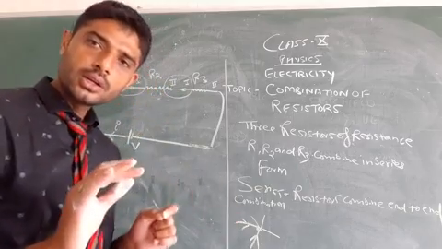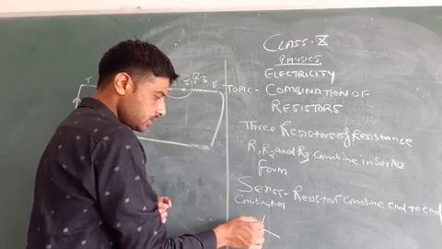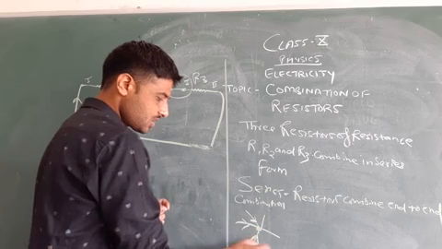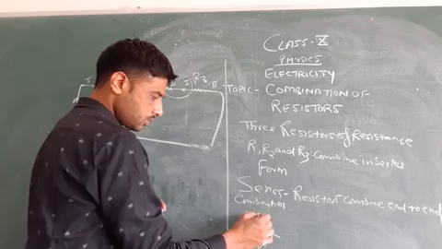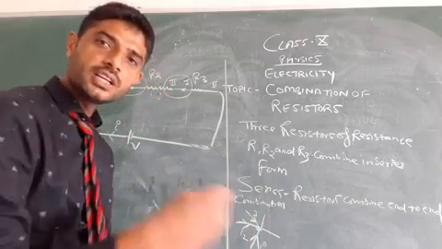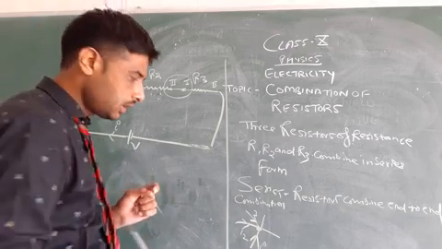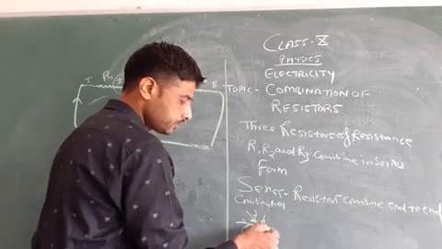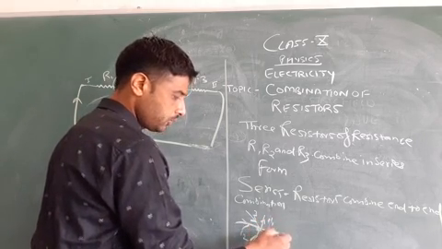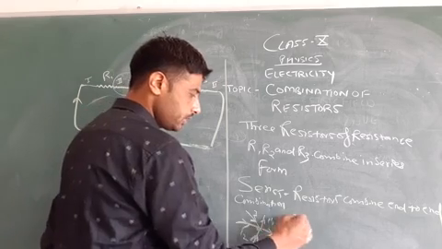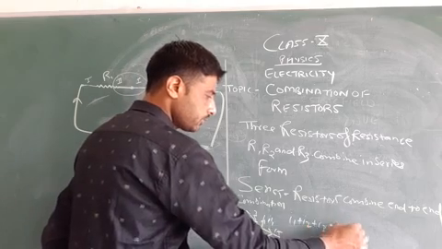It means the current entering a point is equal to the current leaving from this point, I4, I5. It means I1 plus I2 plus I3 is equal to I4 plus I5.